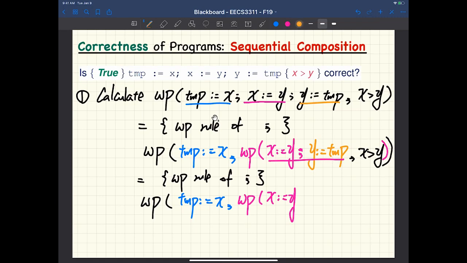So now it's going to establish the WP for Y is assigned to temp. And at the end of that, we should really establish X larger than Y. It should be orange, pink, orange, pink, and dark.